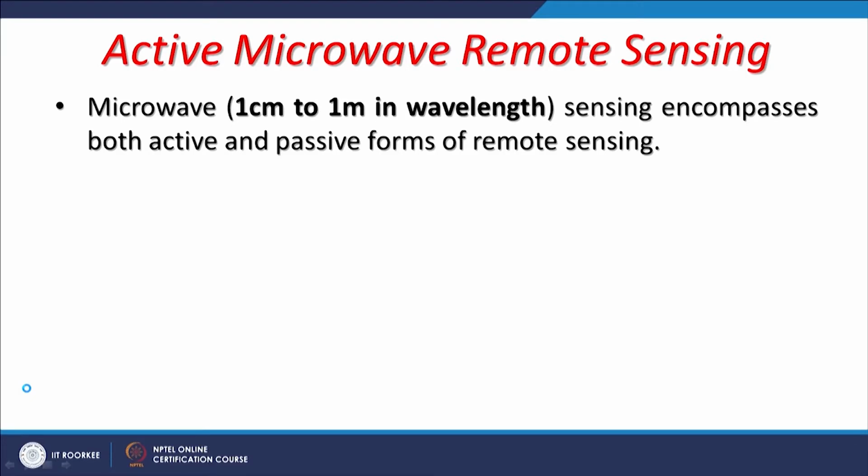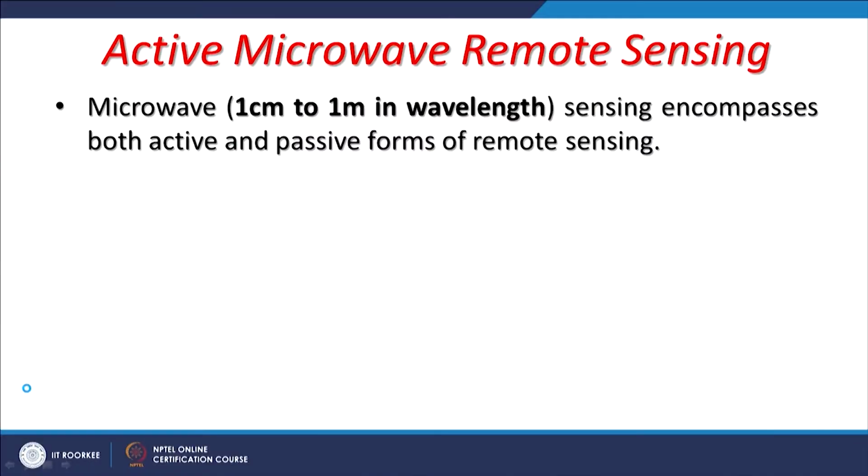So, in this discussion we are going to mainly focus on active microwave remote sensing. Now, as you recall, the EM spectrum in the beginning of this course we have discussed at length, and the microwave part we put as starting from 1 centimeter to 1 meter in wavelength.